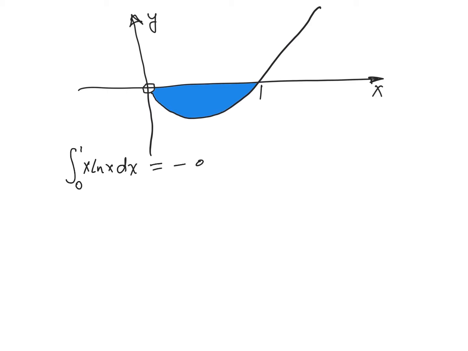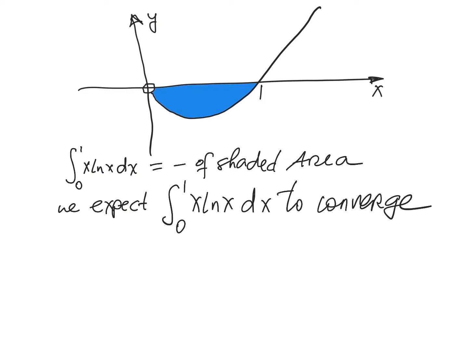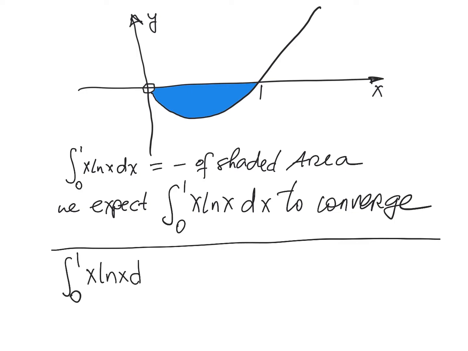It looks very likely that the area is finite, so we should expect the integral to converge. The integral represents the negative of the area because it's below the x-axis. So we expect the integral from 0 to 1 of x natural log of x to converge to a negative value, meaning the area would be the absolute value of the answer.